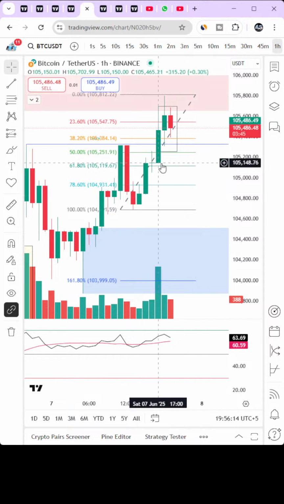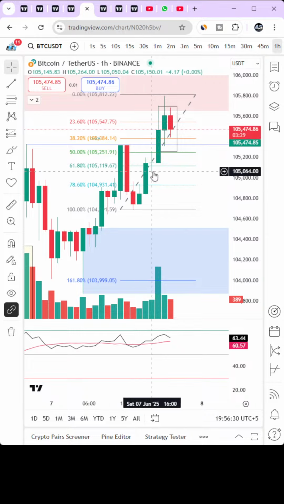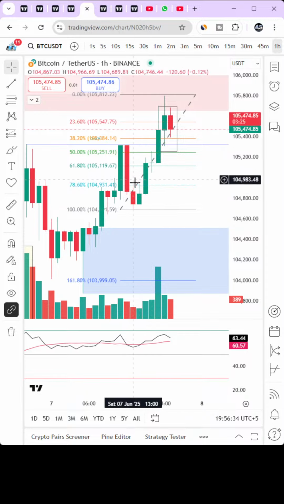Now the market can reach up to the 105 and 145 level, and if it goes to the deeper side, there is a fair value gap available at this position.